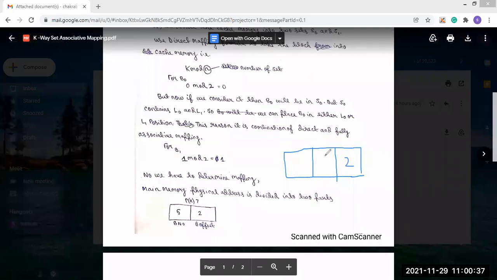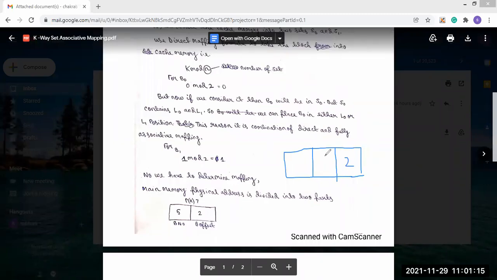So it will be what? It will be our set number.